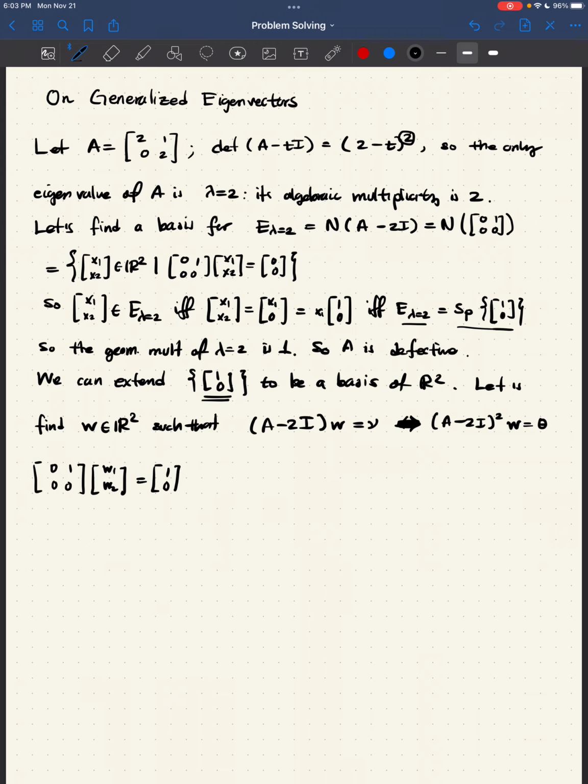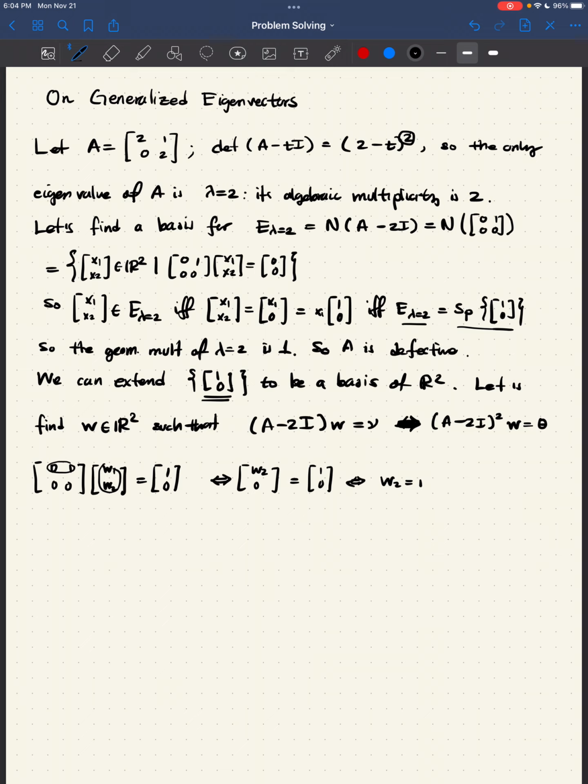For this, we have the following set of conditions. Whenever we see this, we may expand it, performing the usual multiplication. This indicates that w2, 0 is equal to 1, 0. That happens exactly when w2 is 1.